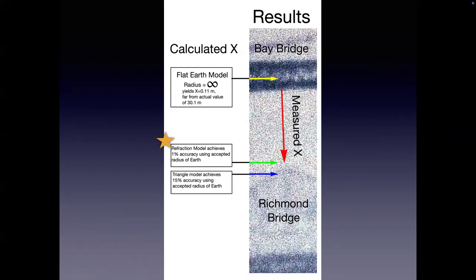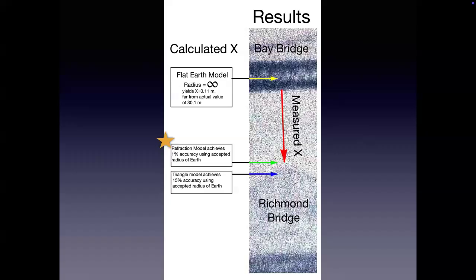But that angle is affected by refraction. There's more refraction here than here. So you have to run your calculation to the bottom of the Bay Bridge. What I mean is the line of sight to the bottom of the Bay Bridge and the line of sight to the top of the Richmond Bridge, much further away. In both lines of sight, you take the tangents at the observer's eye, because that's the direction.